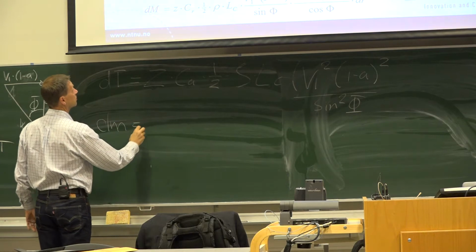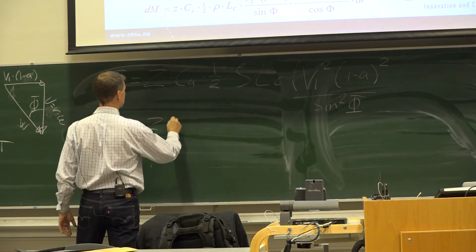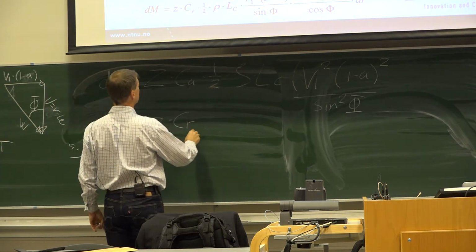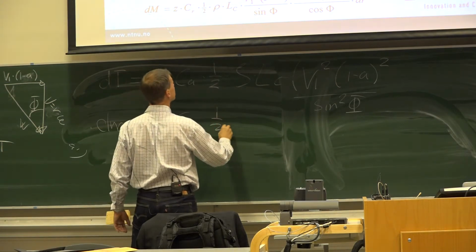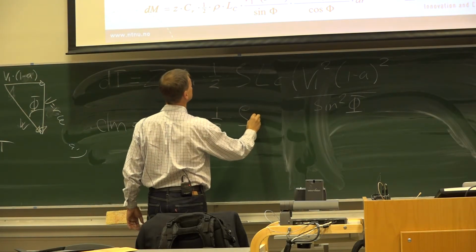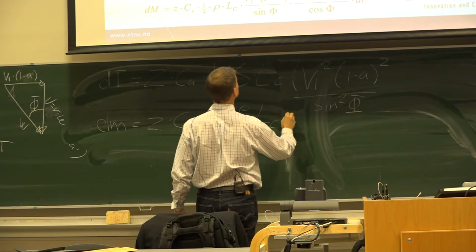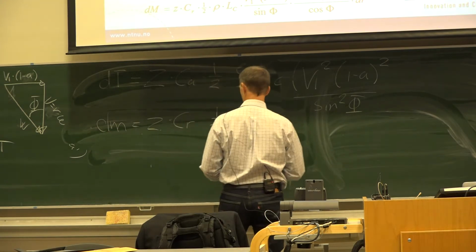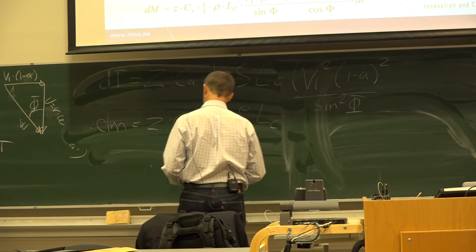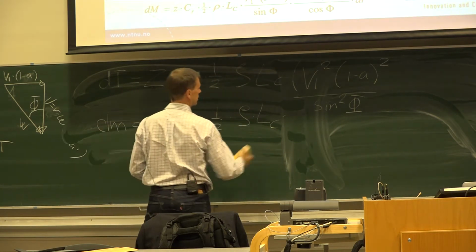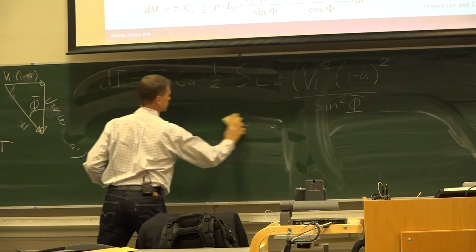dM equals the same equation, Z times CR multiplied by half times density times LC times W squared.